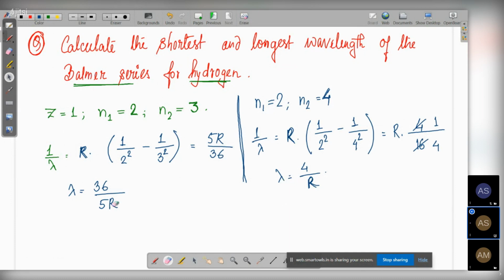Suppose you do not even consider the R. Then 36 by 5 is somewhere around 7 point something, 7.2. So 7.2 by R is larger than the other. So naturally, as you can see, this value of wavelength is larger.